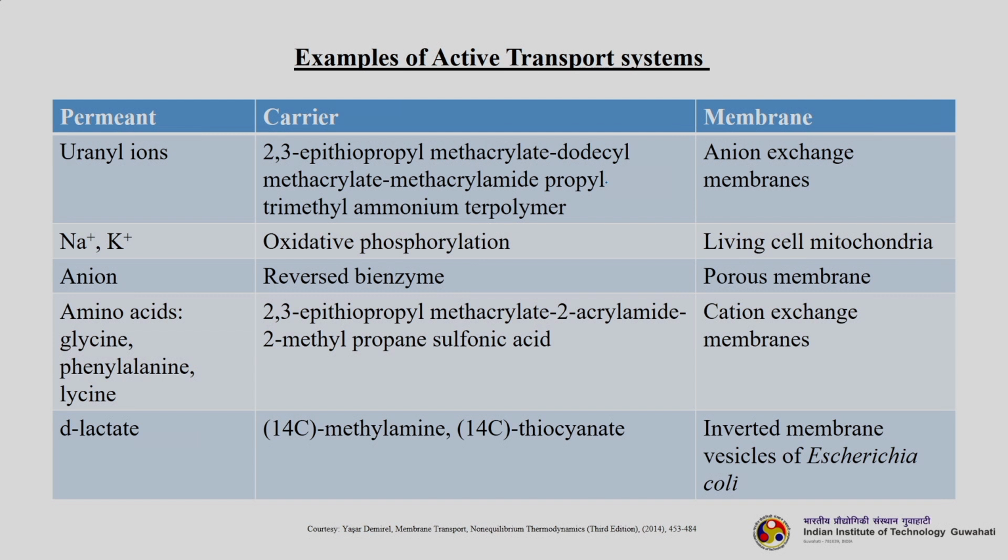In case of transport of sodium and potassium, oxidative phosphorylation is the carrier and the living cell mitochondria is the membrane, and in case of anions, reversed bi-enzyme is the carrier and a porous membrane can be the membrane. There are other examples also, you can go through them later.